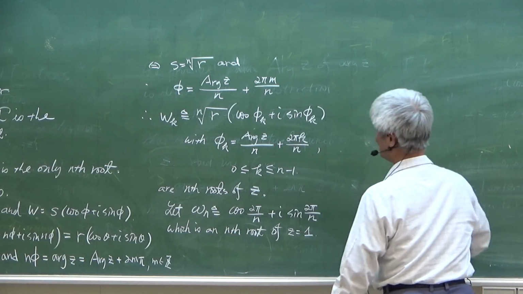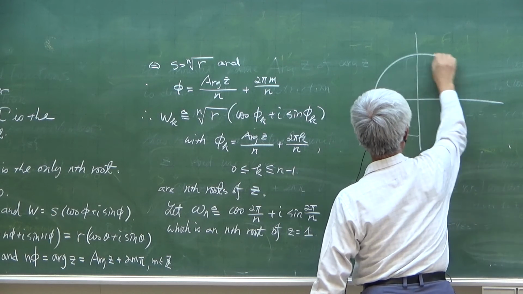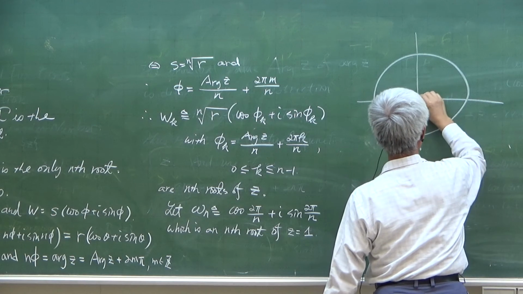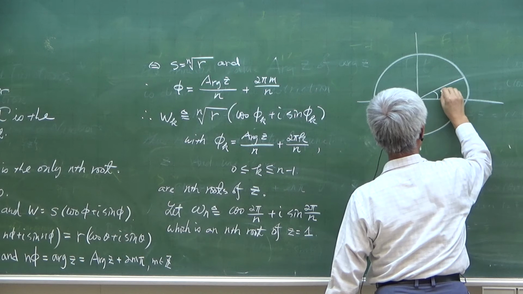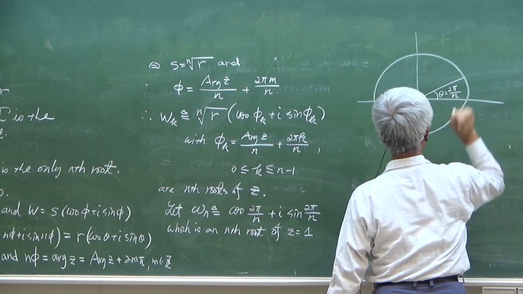All right. So specifically, on the unit circle, theta is equal to 2 pi divided by n.